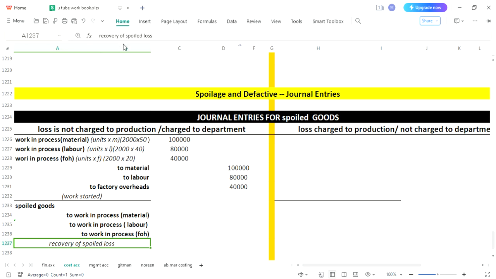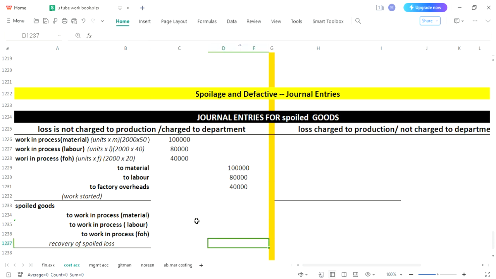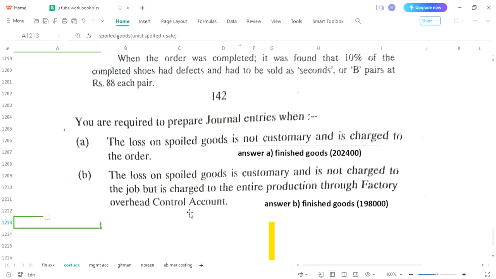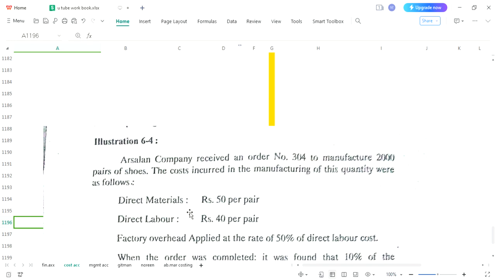But obviously we need to put the amounts, and you will understand how to put the amount over here. This is very interesting. So first we will go for spoiled goods, and how you will write it: units spoiled would be multiplied by sale price. We will pick this and shorten the sign. Now go back to the question and see how many units were spoiled.